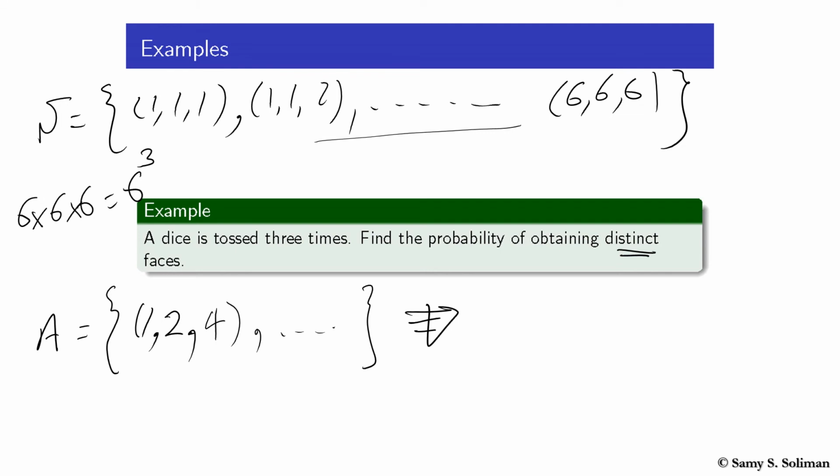One can mistakenly think that let's count the number of cases which we have the same phases and then subtract them from that total number. Okay, this is a very good way of thinking.